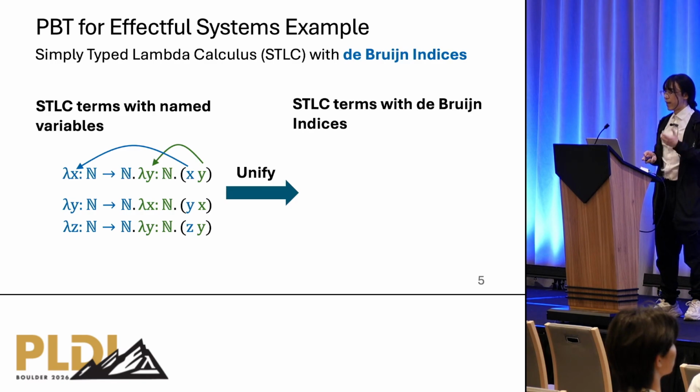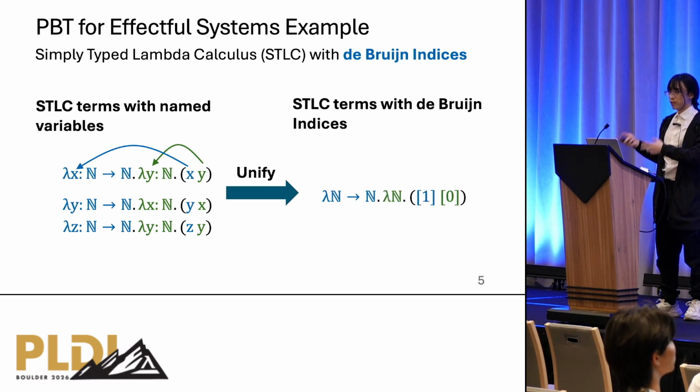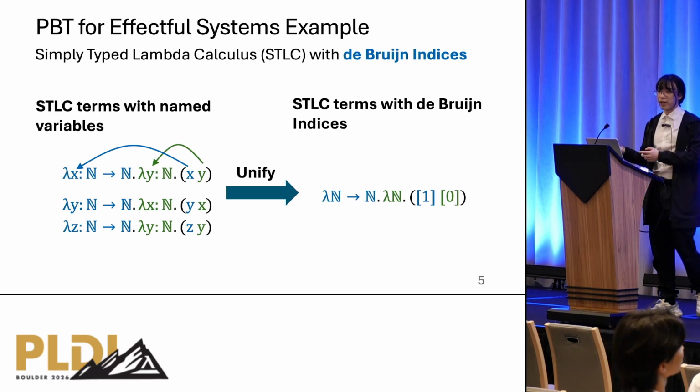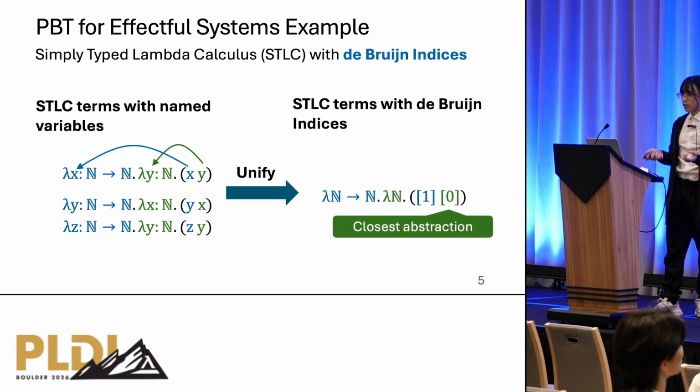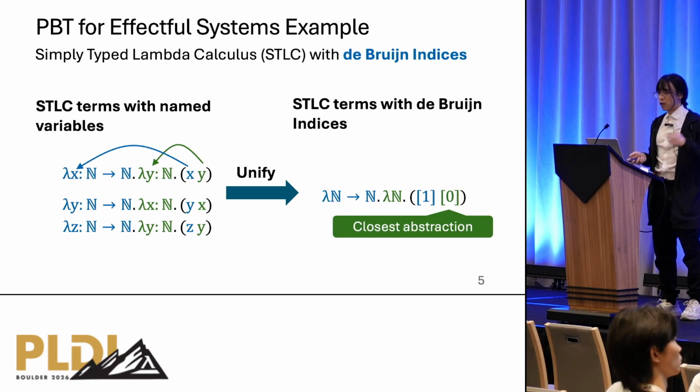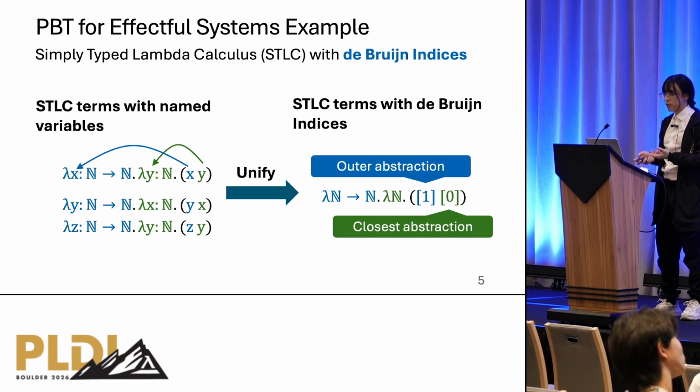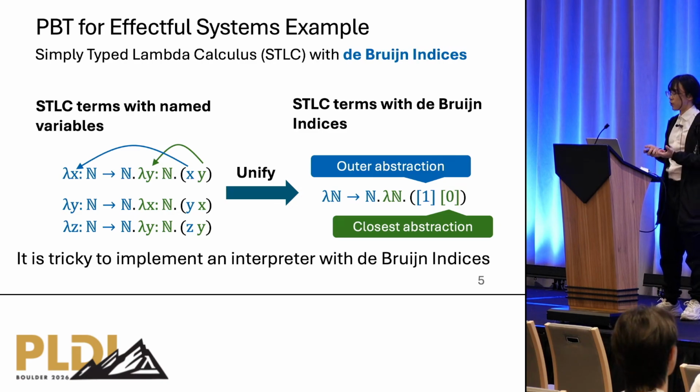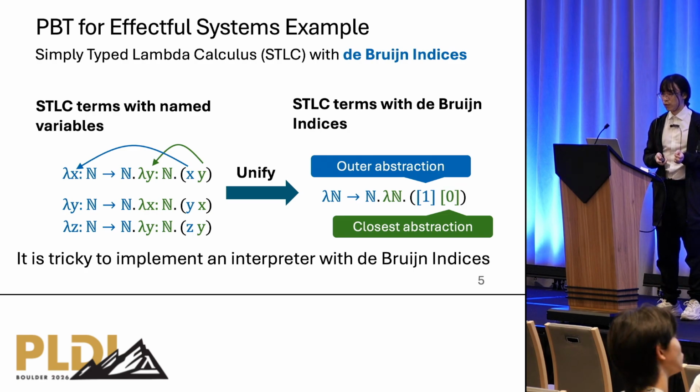So the de Bruijn index can unify them, where we don't use a variable name, but we use an index. The 0 index refers to the closest abstraction, and the 1 index refers to the outer abstraction. So the de Bruijn index does the unification, but also makes it tricky to implement a correct interpreter with it.